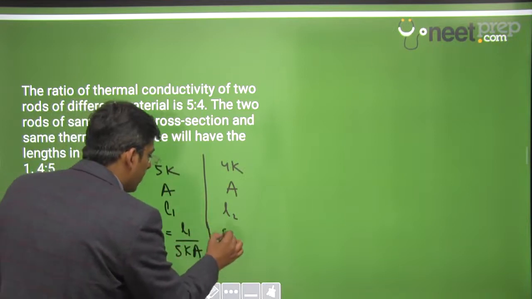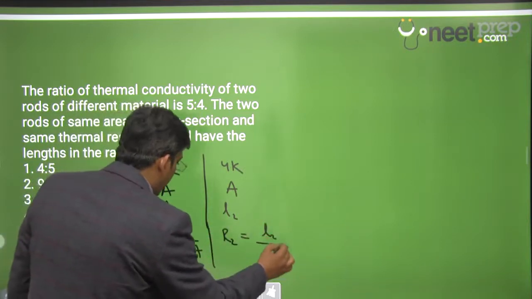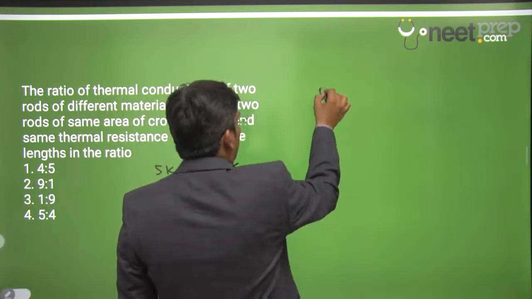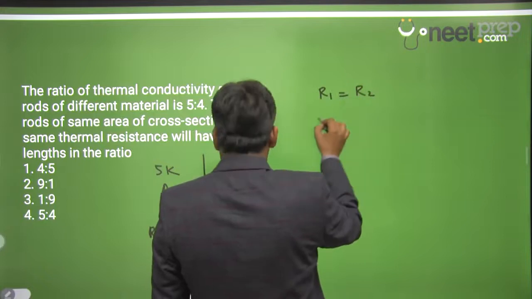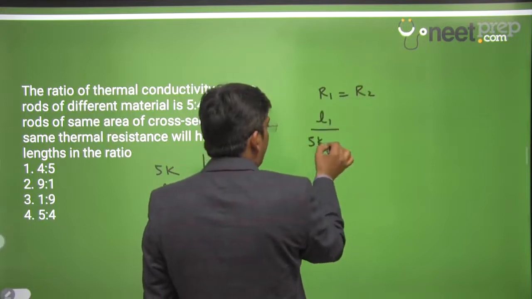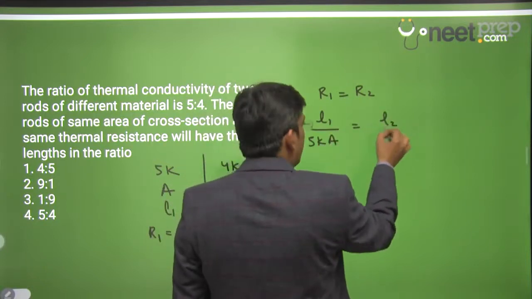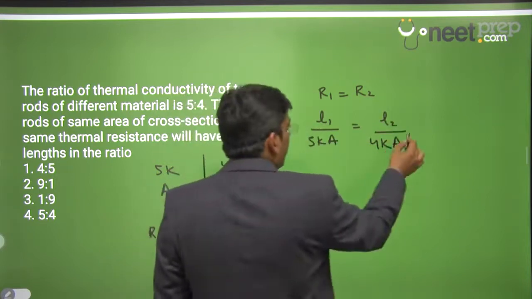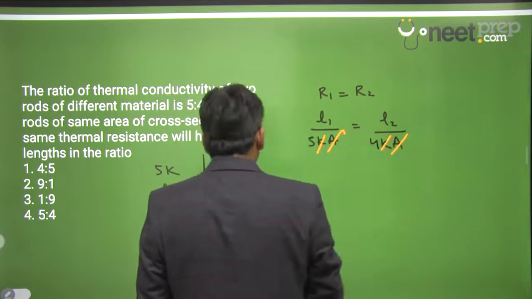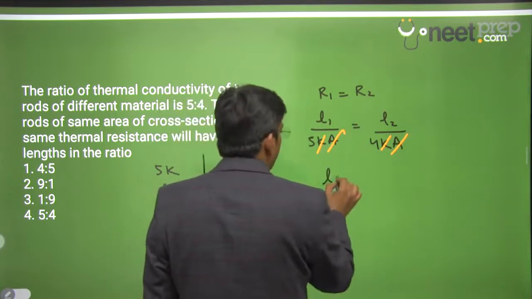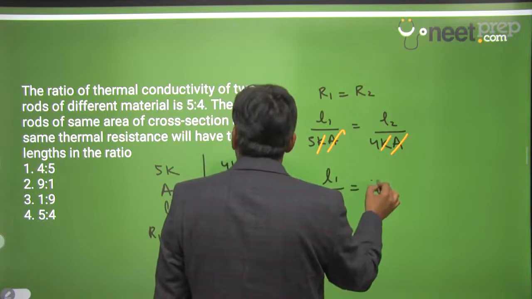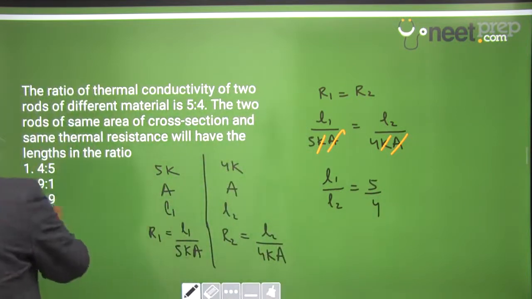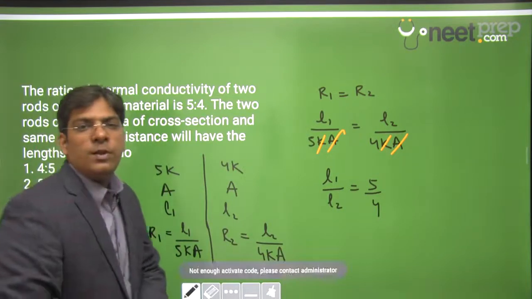So we equate the resistances. R1 equals R2, which is L1 by 5K into area equals L2 by 4K into area. Area and area, K and K get cancelled. So we get the ratio L1 by L2 equals 5 by 4. So 5 by 4 is the answer, right, dear students?